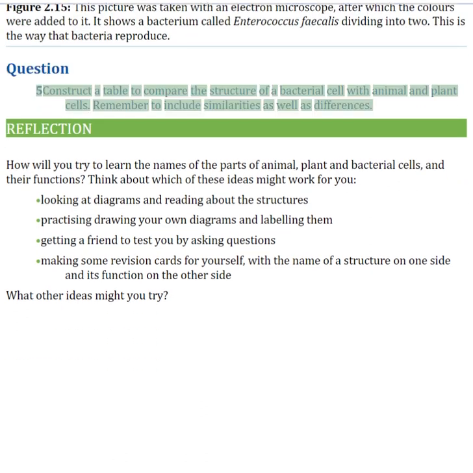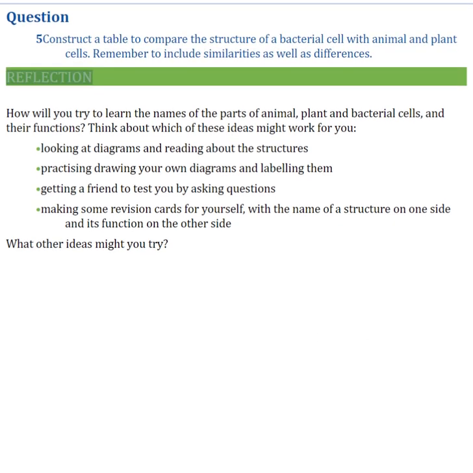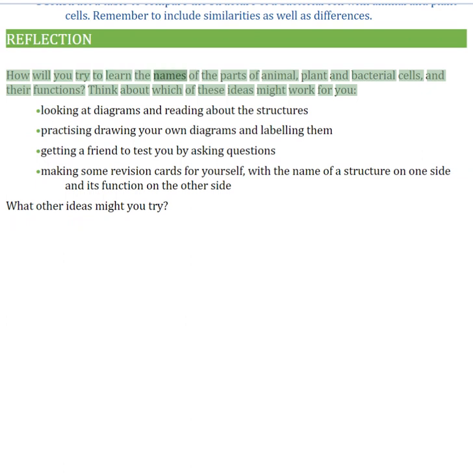Question 5. Construct a table to compare the structure of a bacterial cell with animal and plant cells. Remember to include similarities, as well as differences. Reflection. How will you try to learn the names of the parts of animal, plant and bacterial cells, and their functions?